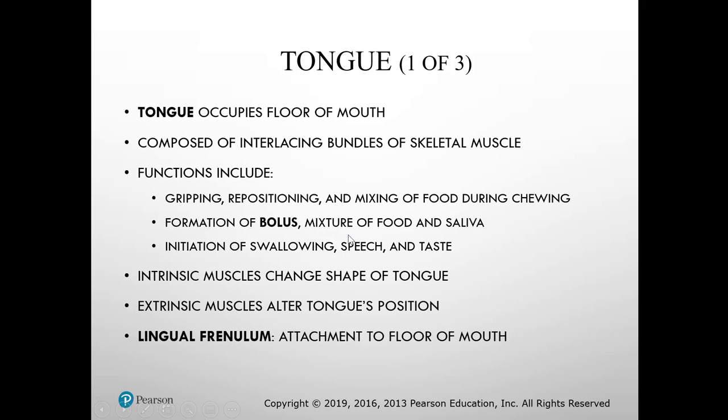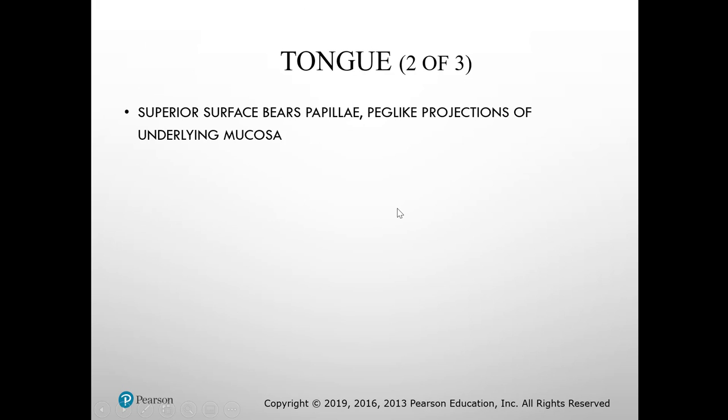Now, the lingual frenulum is a membrane that attaches the tongue to the floor of the mouth. Now, the surface of the tongue would pretty much have that roughness on it. It is because it bears papilla.